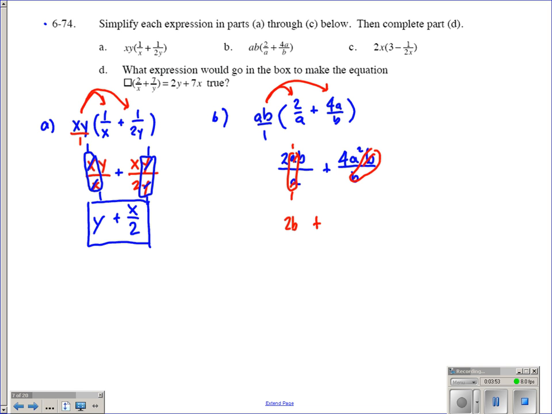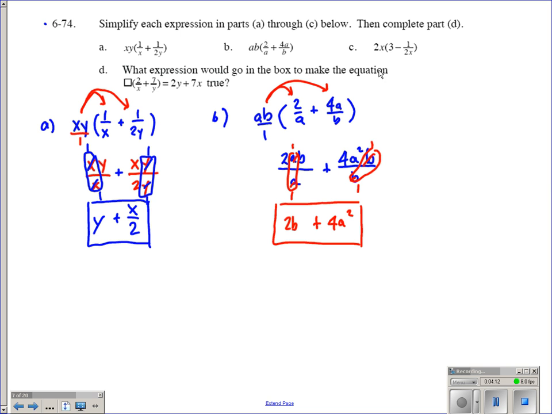So that becomes 1 here and 1 here. So 4 times a squared times 1 over 1, which leaves us with more or less 4a squared. That is our simplified expression here.